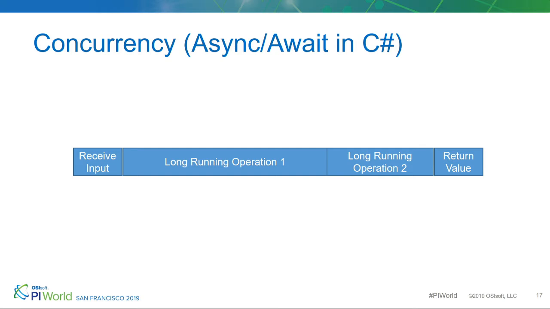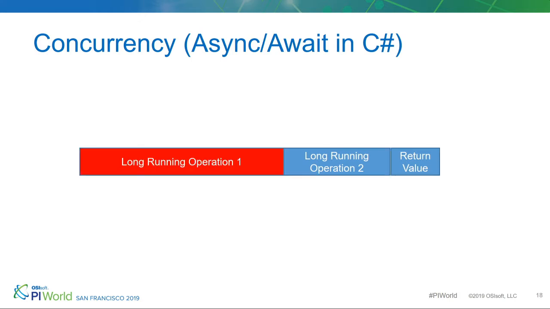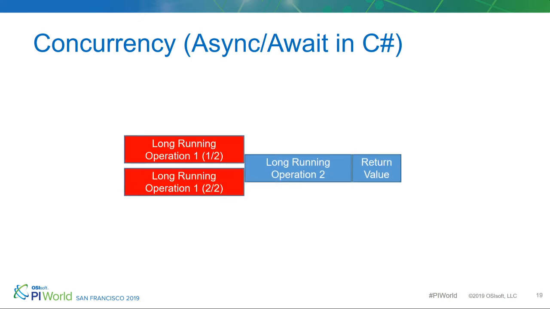I'll show you what a typical C# developer would do. The first thing they'll look at is the long-running operation one here. Let's say I'm taking two pieces of data, they're very large, and I'm doing some calculation or combination of a result and returning that back to the user. So I might break that up. Let's focus on the first one. Okay, I'll launch two threads, split the work in half, and I'm doing it twice as fast.